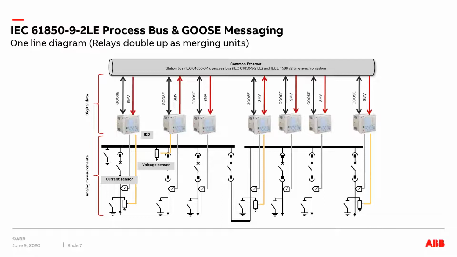So in this case, this device is a protection relay. At the same time, it also acts as a merging unit, which means it converts the voltage signal and publishes it out as a sample value. So the relay doubles up as a merging unit. So it makes a very, very efficient design.